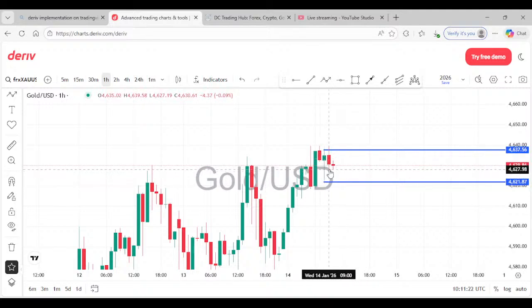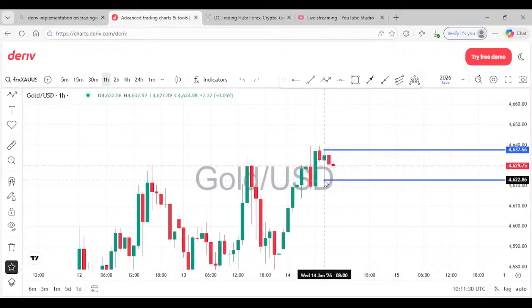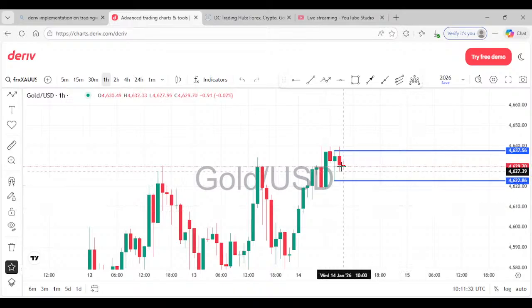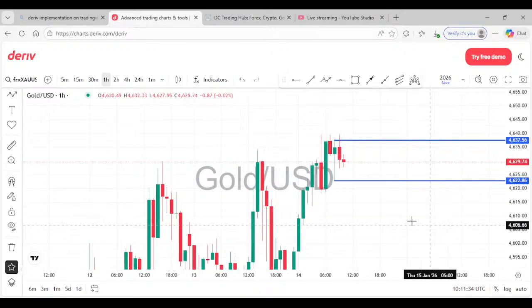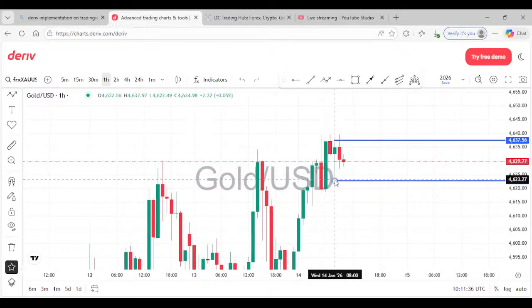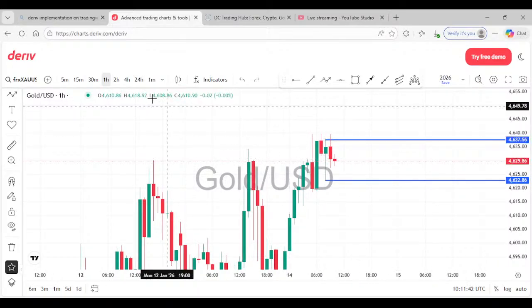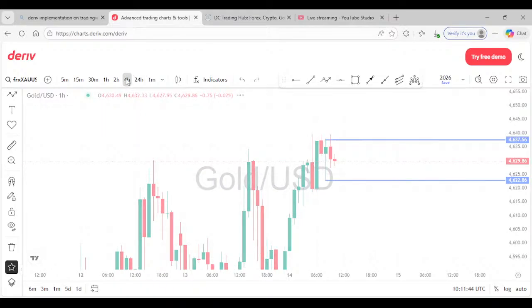Looking at these three daily candles, price seems like it wants to move downwards. Why? Because we can see a lot of red candles, and what else is there? Let me go to the H4.